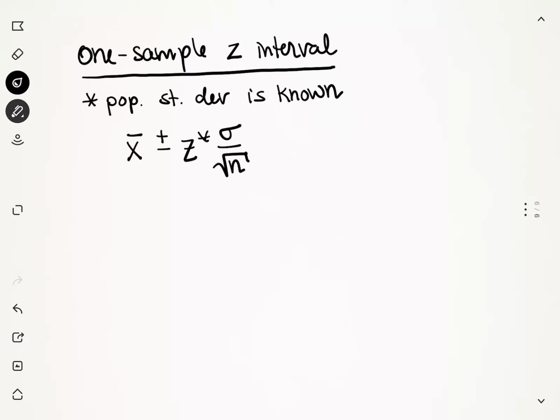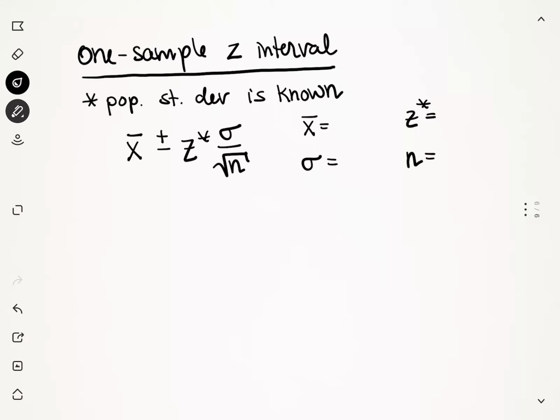No matter whether you have the name of the interval only or the formula only, they do want to see you writing what each variable in the equation is representing. So for instance, I would write x bar equals 3, and the standard deviation of the population equals, say, 2. And then what is my critical z value? And how big is my sample size?